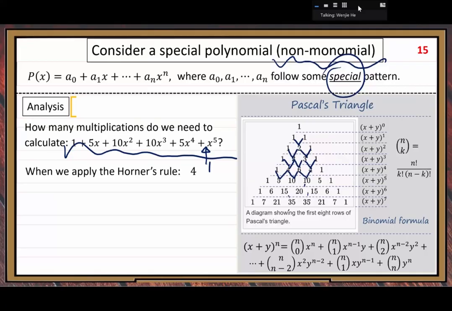All right. But now we want to take advantage of the special structure. Based on Pascal's triangle structure, can we write the same polynomial as x plus 1 parenthesis to the 5th? Newton's formula, binomial formula. Can we write in that way?